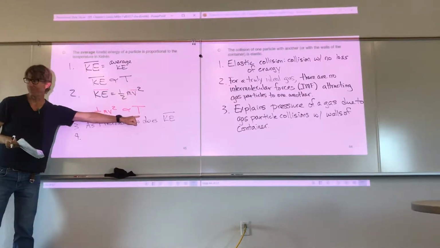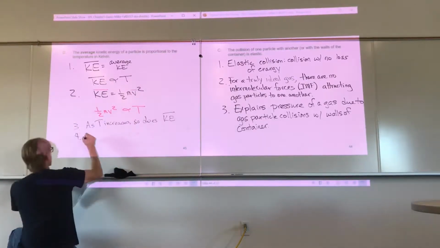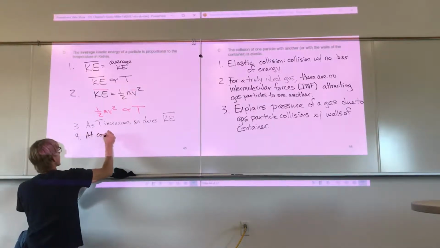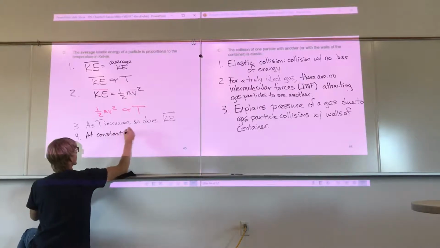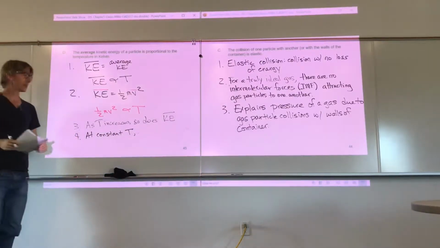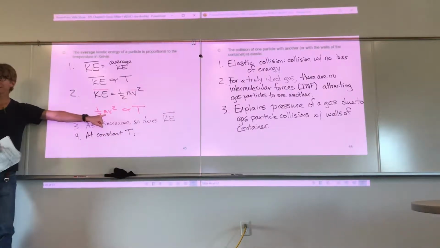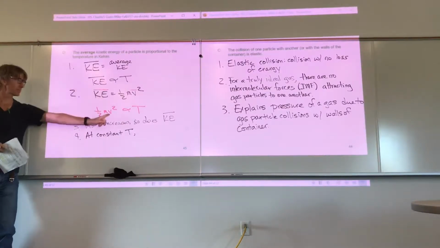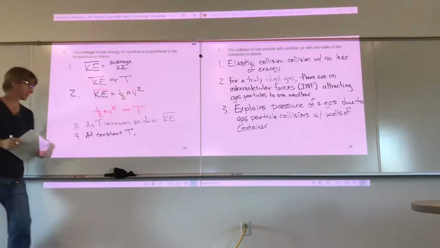At constant T, as the mass of the particle increases, the velocity of the particle decreases.